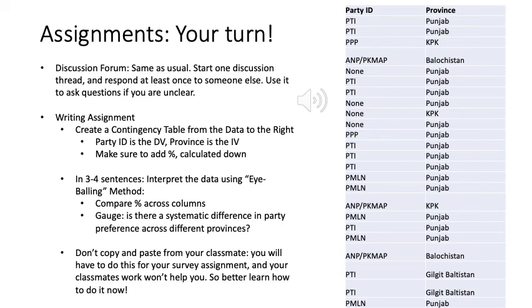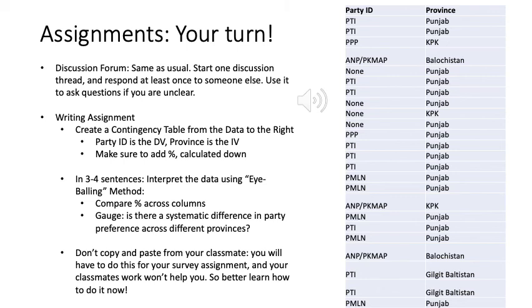This time you will have to create a contingency table from the data to the right. It's data from the online survey. There's two variables: party ID in the left column and province in the right column. Party ID is the dependent variable because it's unlikely that which party you prefer caused which province you are from.